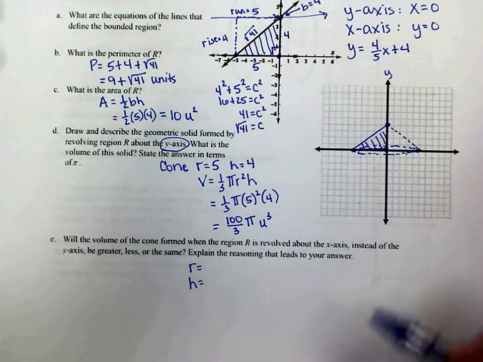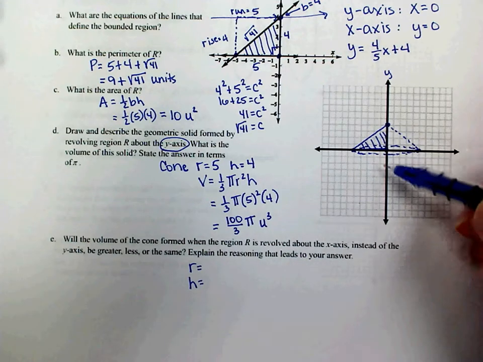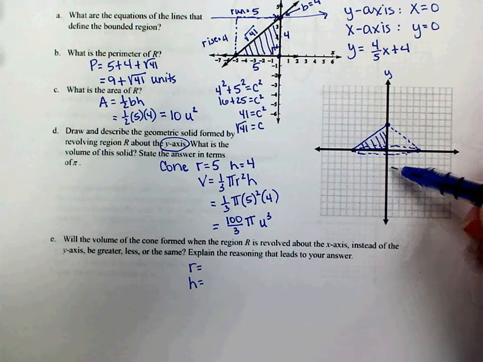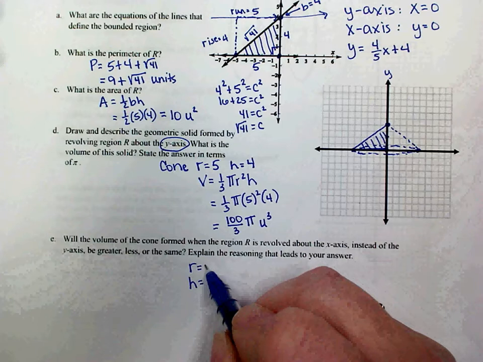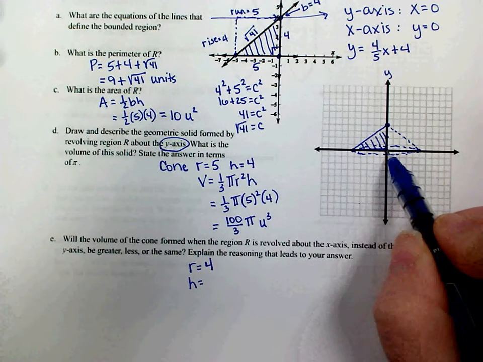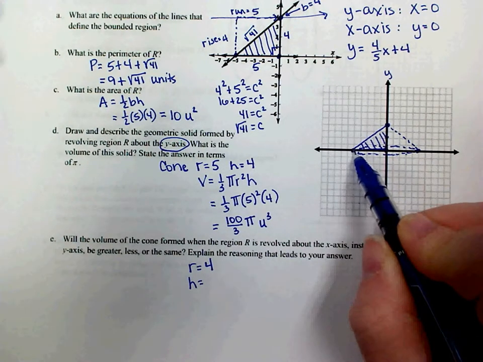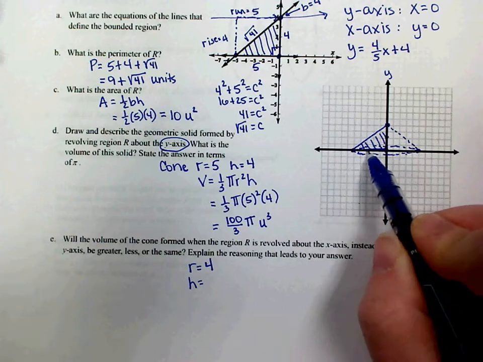Since we're going this way, now my circular base is here on the y-axis. So my radius would be 1, 2, 3, 4 units. My height would go from here to here. This is now the apex of the cone. So we have 1, 2, 3, 4, 5 for the height.